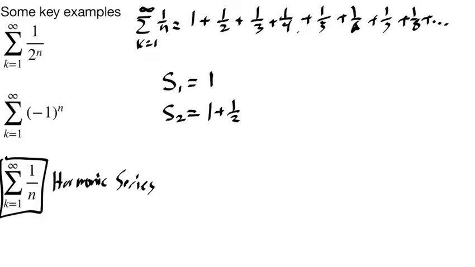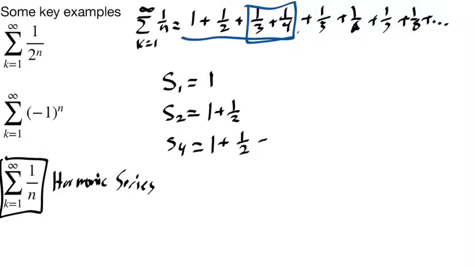And now let's ask ourselves, what is S4 going to be? Well, it turns out S4, if I come here and look, is these 4. But what I'm going to do is try to group these 2 together in a clever way. And so S4 is 1 plus a half plus a third plus a fourth. But what I want you to notice is that this third is bigger than a fourth, right?